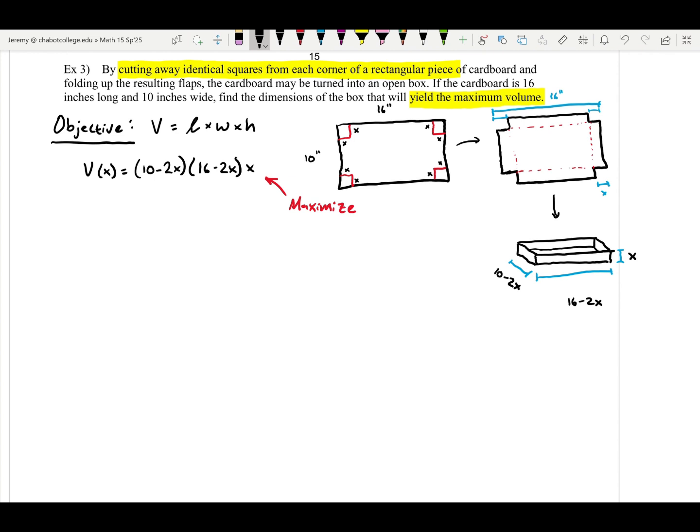So we want to find the derivative of this. How do we want to differentiate V? You could use some product rules. You could multiply it out. I think I might just multiply this out.